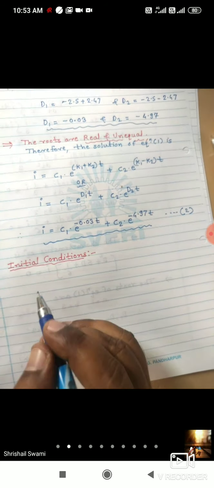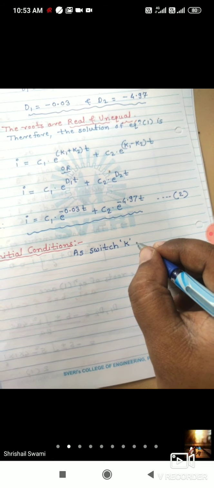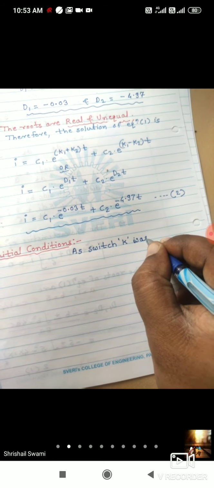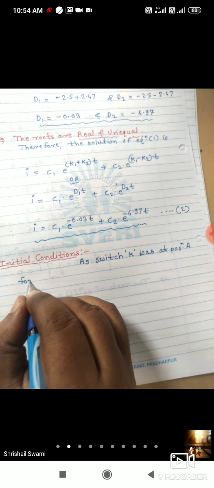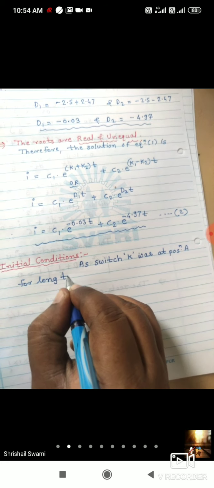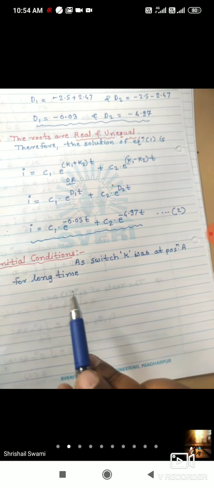The statement as given in the question: switch K was at position A for a long time, that is t less than 0, for that period switch K was at position A for a long time.